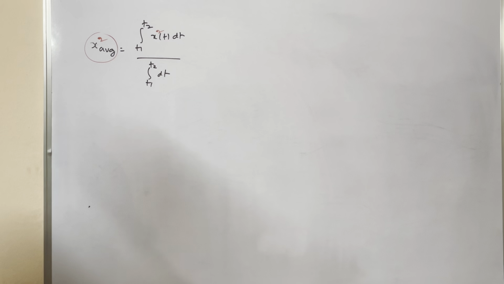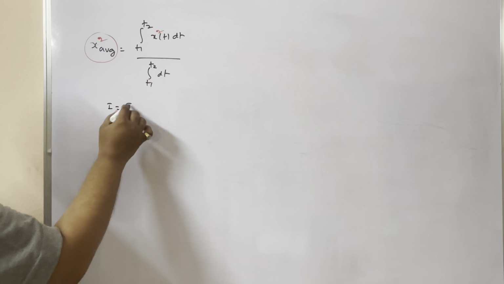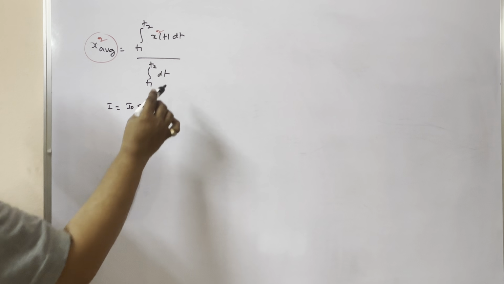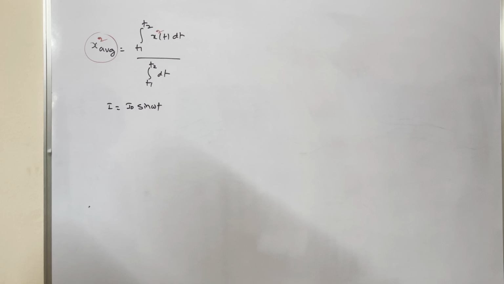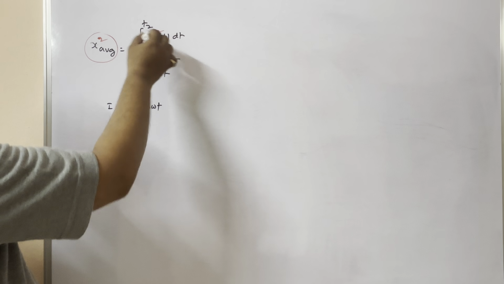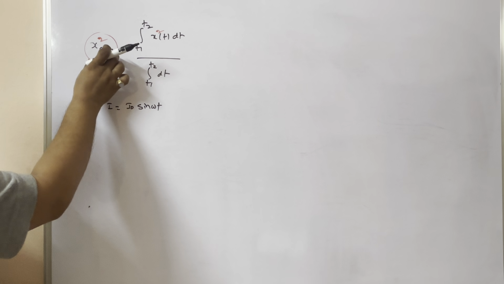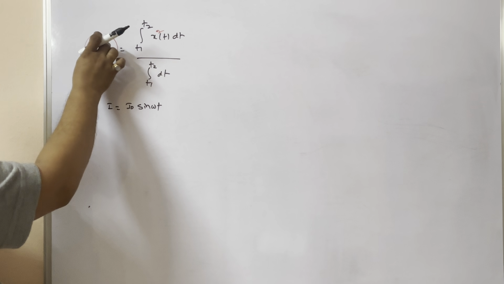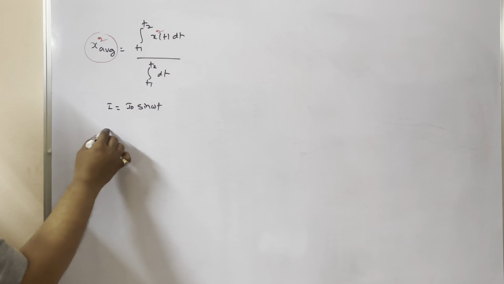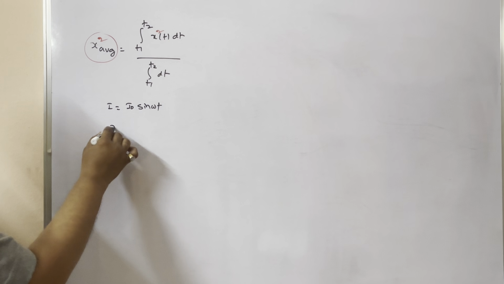Now, if you are taking I is equal to I naught sine omega t, correct? So, this one if you are substituting here, mean square of current, that is going to be I average square.